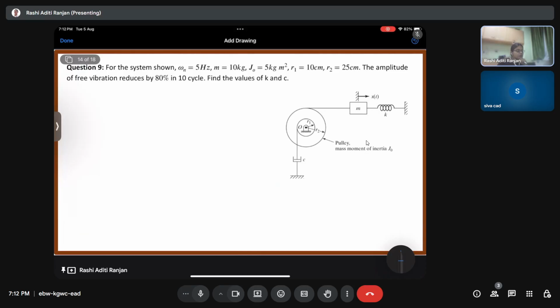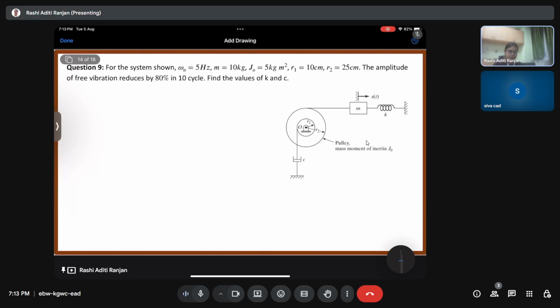So there are two things that must be kept in mind. First, if we are deriving the equation, either we find the forces and balance them, or we can find the total energy and differentiate it. But finding the total energy and then differentiating it is difficult here, because there is a dashpot in the system which is actually taking up the energy.